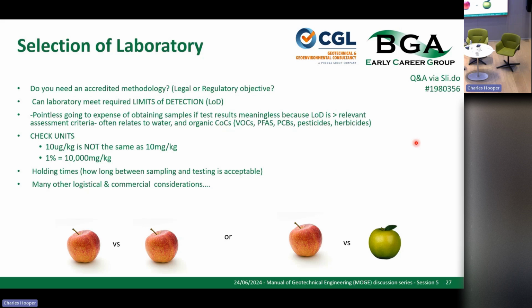Sorry, the other way around, soils to milligrams and organics to micrograms. So you have one that's a big number and you think, then you look at the units and you realize it's not a problem. Sometimes you get things reported in percentages. 1% is 10,000 milligrams per kilogram. So if you get something reported in percentages, you've probably got a lot of it. So just bear that in mind.